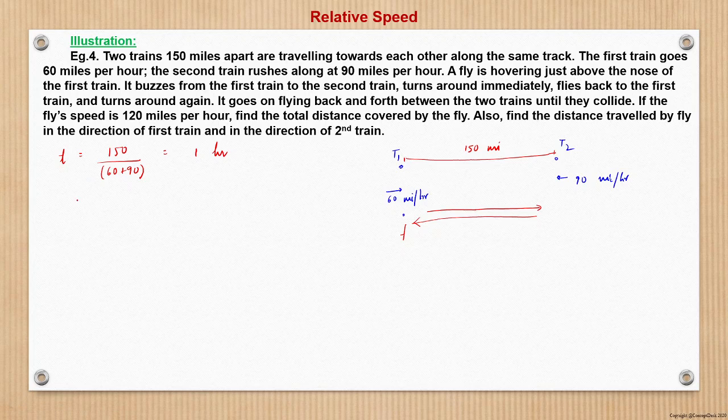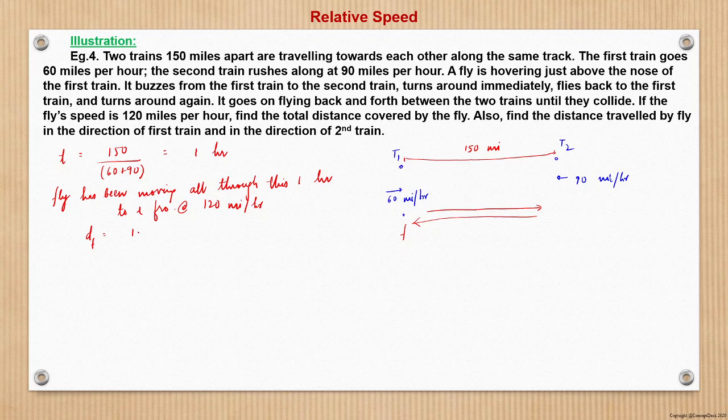And for all this 1 hour, the fly has been moving, either to or fro, at a speed of 120 miles per hour. So what is the distance covered by the fly?